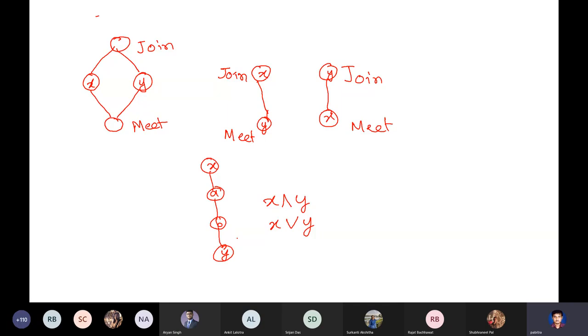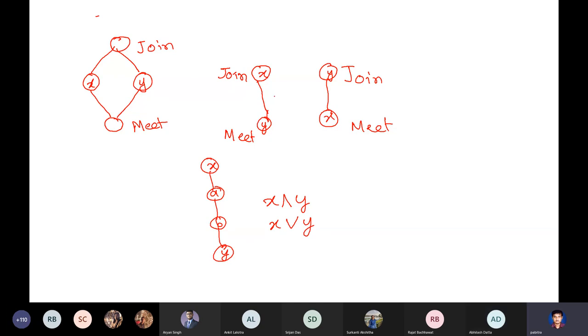So what is join XY and what is meet XY? Anybody? Note that there are transitive relations. I've just drawn the Hasse diagram. What is join XY and what is meet XY? Still, there will be X and Y only.